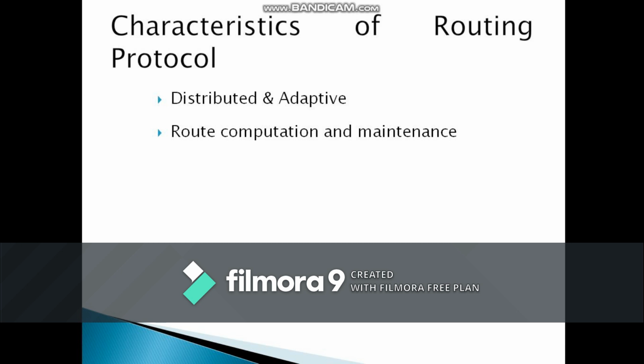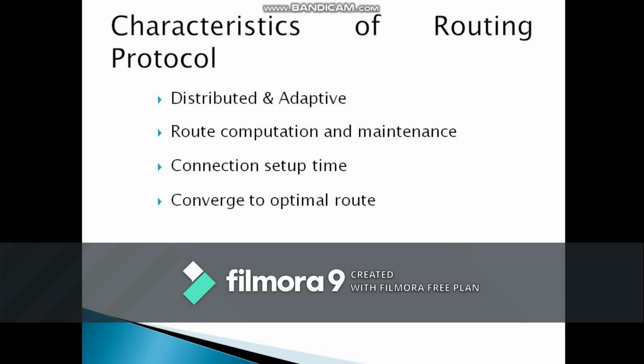This will offer support for time sensitive services. It must have minimum connection setup time. It must be localized, as global state maintenance involves huge state propagation control. It must converge to an optimal route once the network topology becomes stable. The convergence must be quick and fast.